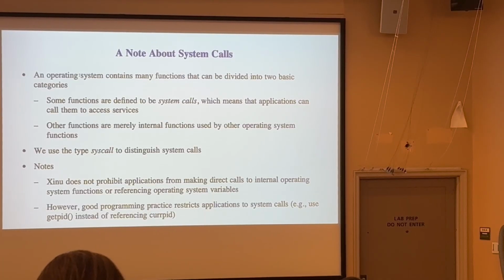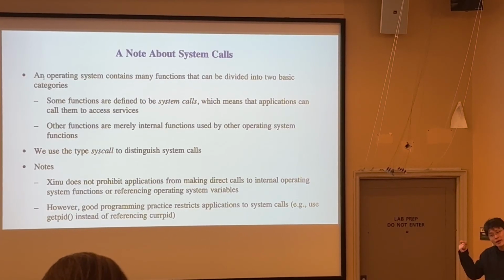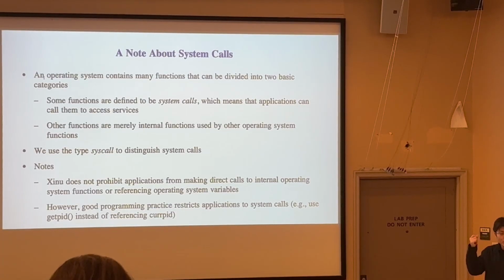It's a set of functions that the OS provides for applications to use. This is enforced in commercial OSes like Linux. System call is the API that the application can only use to access kernel functionality.